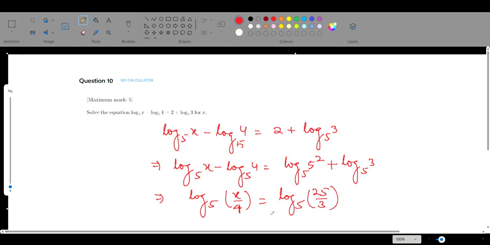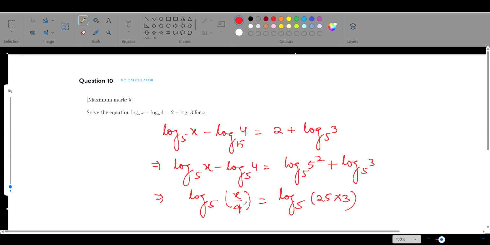Oh okay, it's not 25 over 3 because that is plus, so it will be 25 times 3. Right, so subtraction of two logs is the quotient and the addition of two logs is multiplication.